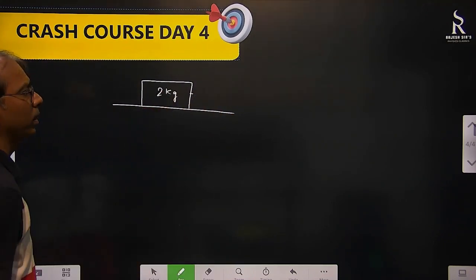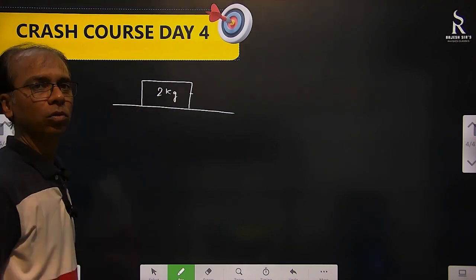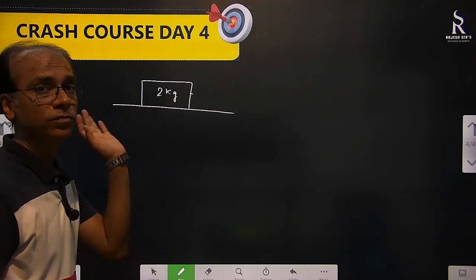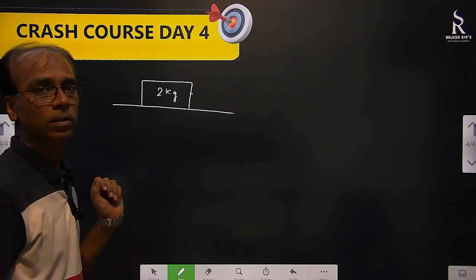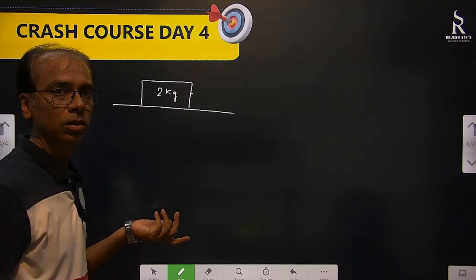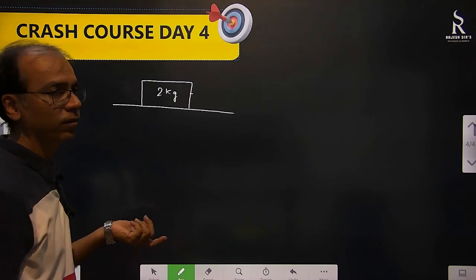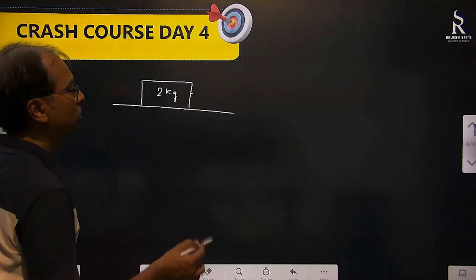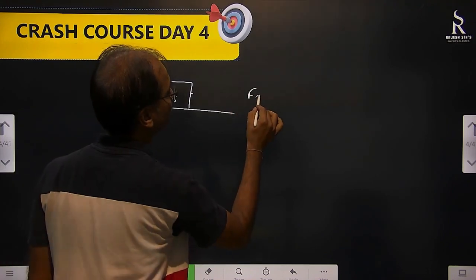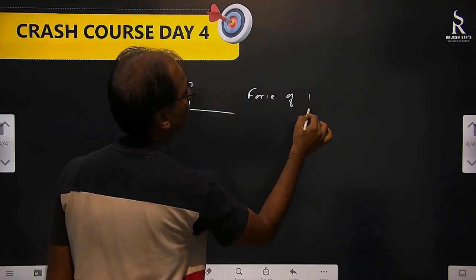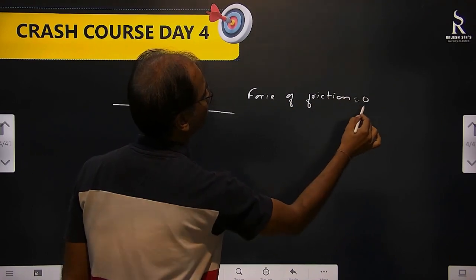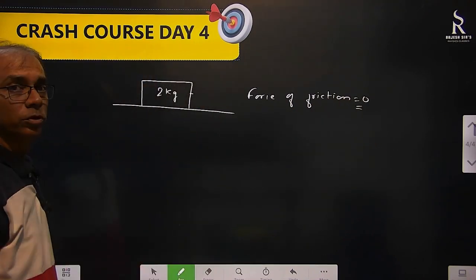No force applied, is it moving? No. So how much force is stopping it from motion? 0. You didn't apply any force, so friction will also be 0, right?